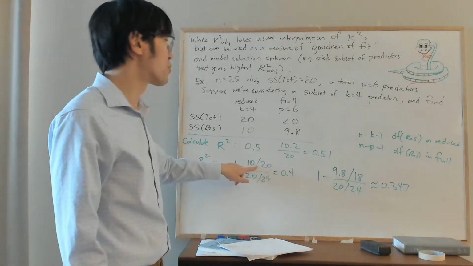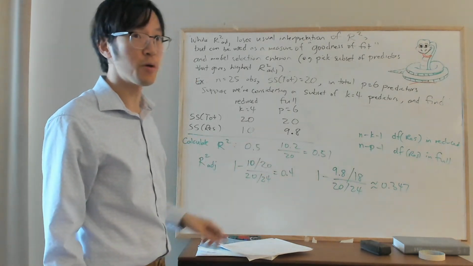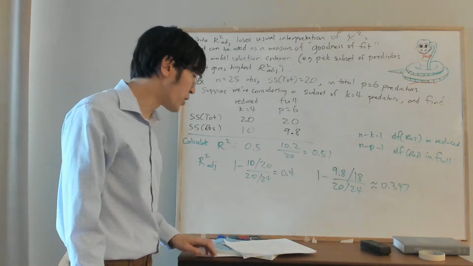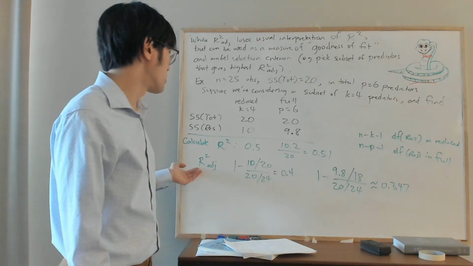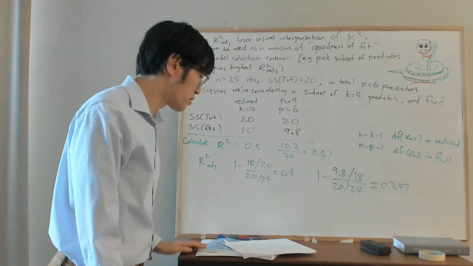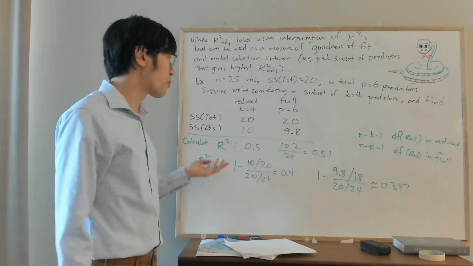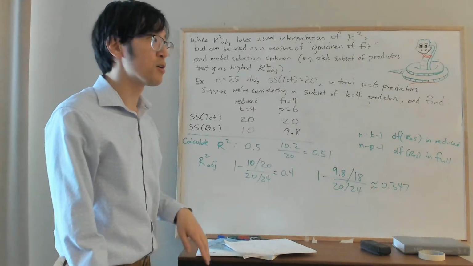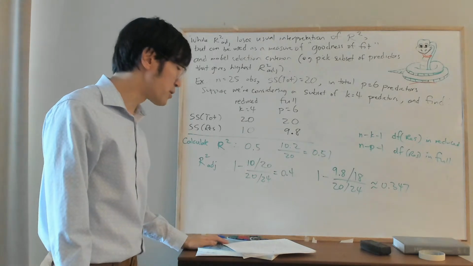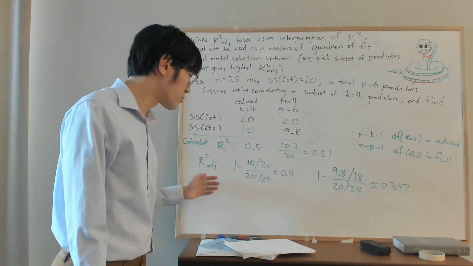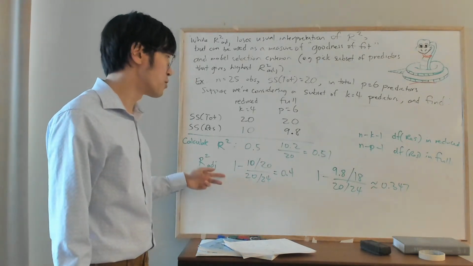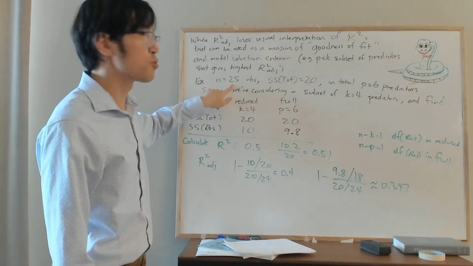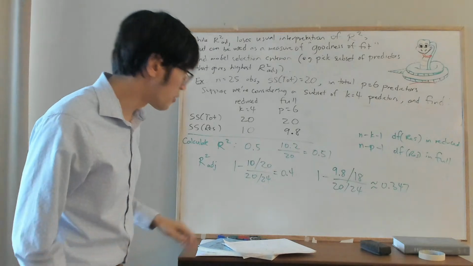So if the number of observations is very large relative to the number of predictors available, then R squared adjusted and R squared will essentially give us the same results. But in practice, of course, we calculate these because we often have a limited sample size from which to fit our model. So these can be quite different, especially for smaller sample sizes. Here we have only 25.